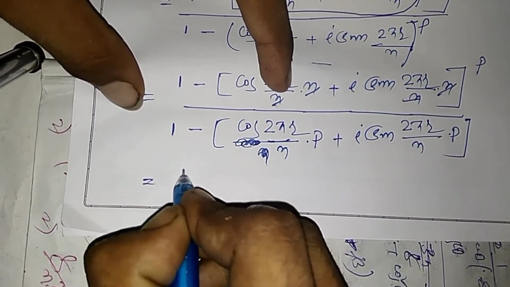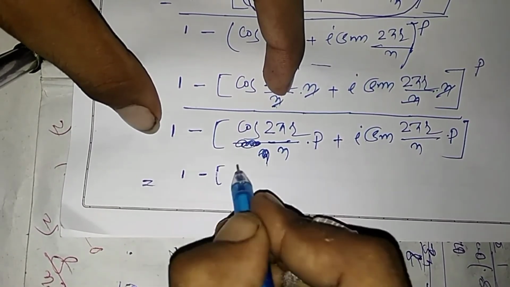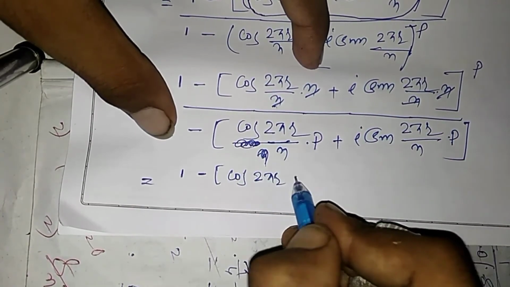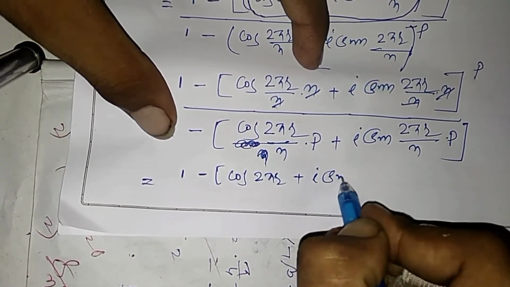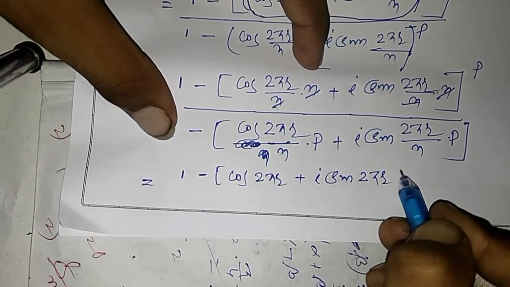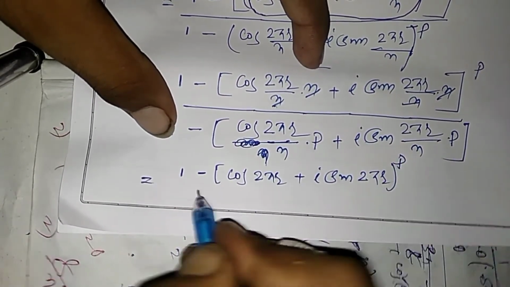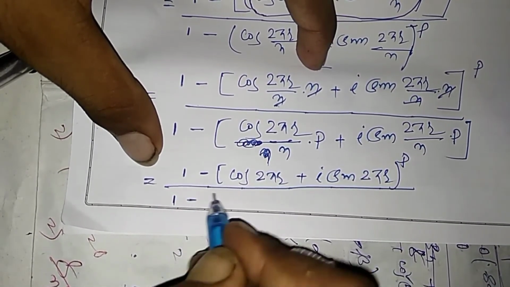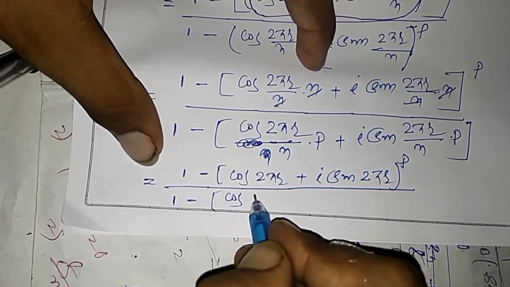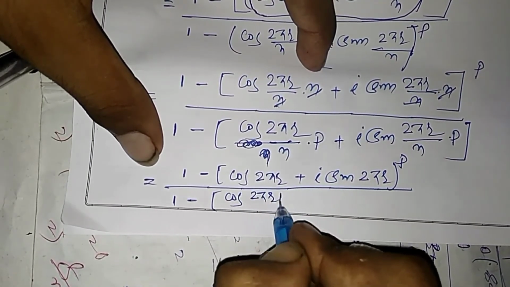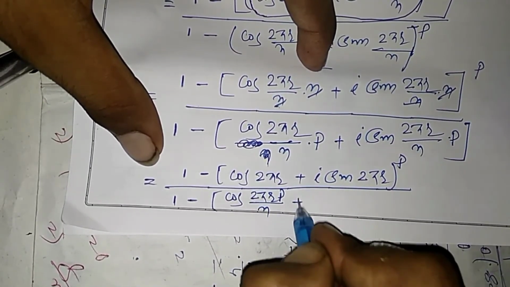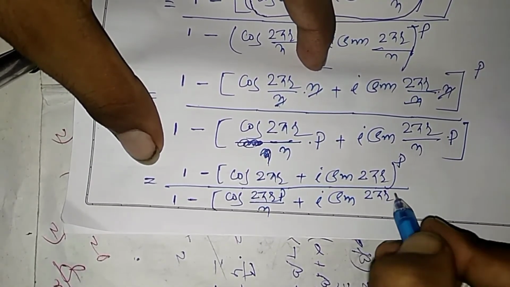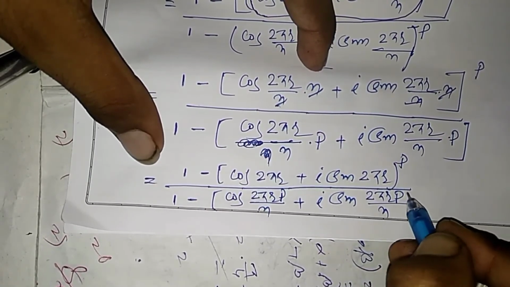So 1 minus (cos 2 pi r plus iota sine 2 pi r) to the power p upon 1 minus (cos 2 pi r p upon n plus iota sine 2 pi r p upon n).